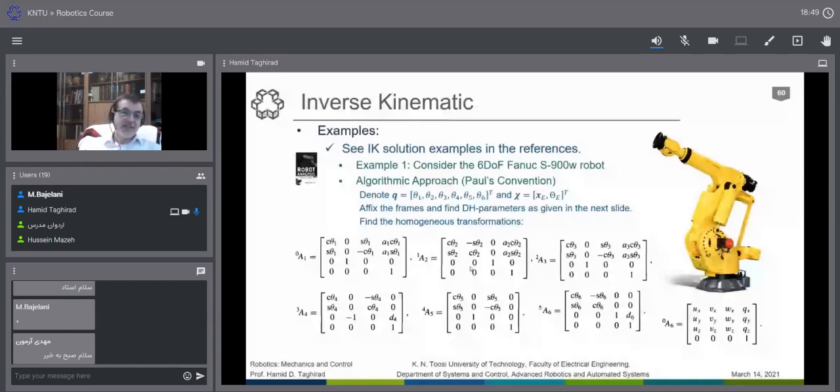The first part of this will be given to you as your first assignment and the first part of the project. They are quite similar to each other. In the assignment, we give you 2 simpler robotic manipulators, with 3 degrees of freedom or 2 degrees of freedom, for which you should find the Denavit-Hartenberg forward kinematics and inverse kinematic solution.